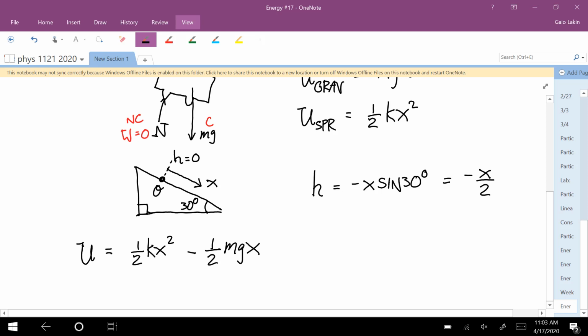Okay, so that's the potential energy for this thing. And that's what we're going to use through this whole problem.